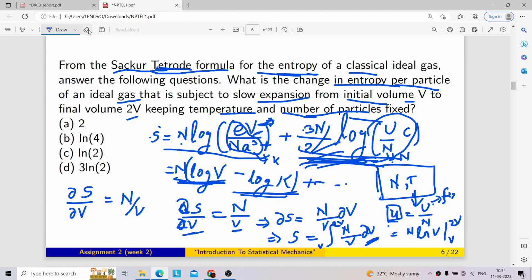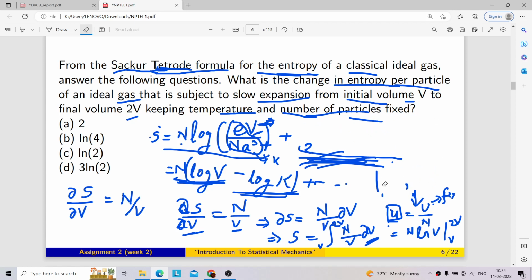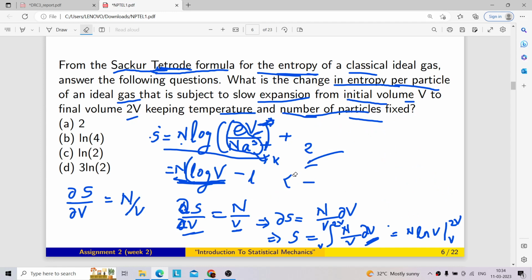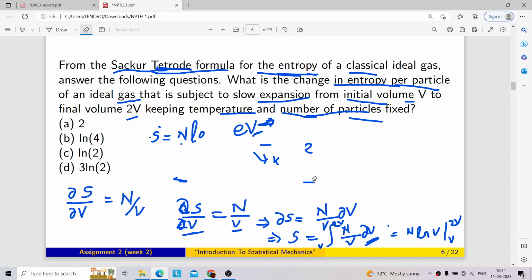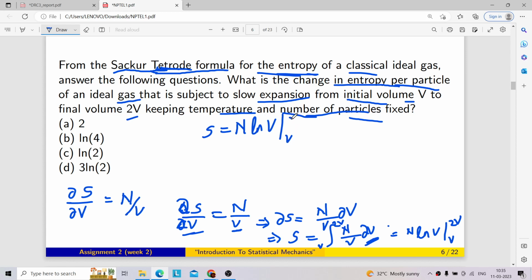So what we have is S as N ln V going from V to 2V.